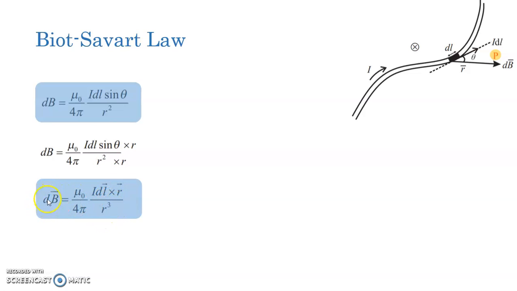The direction of dB bar is dictated by the cross product dl bar cross r bar. So these two equations are known as Biot Savart law. The net magnetic field at point P can be obtained by integrating the magnetic fields dB bar from these small length elements.